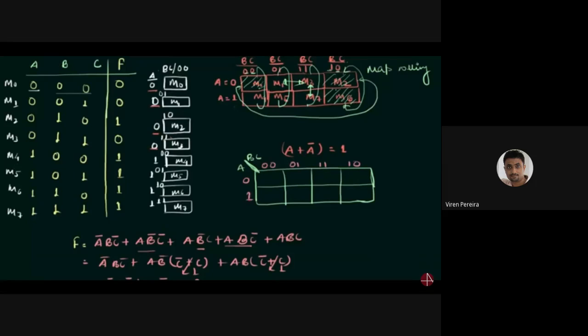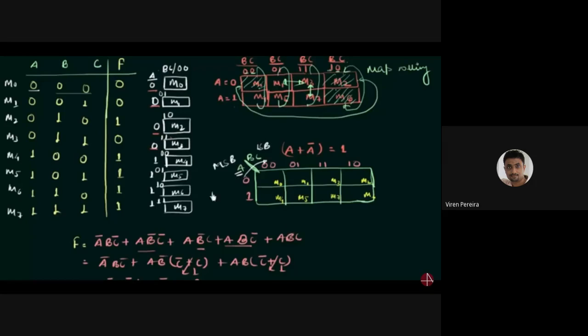You have to remember a very important thing: A is your MSB and C is your LSB. You have to write ABC in this way, MSB to LSB. You cannot change it. If you change it, then the position of the cell is changed. Let me help you by writing here the min terms. This is M0, this is M1, this is M3, this is M2, M4, M5, then M6 here, and then M7.